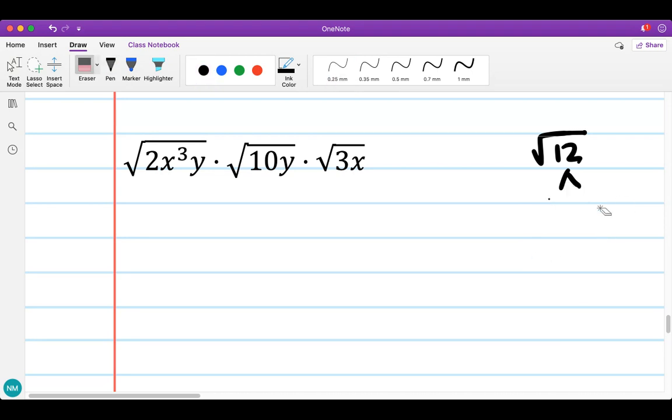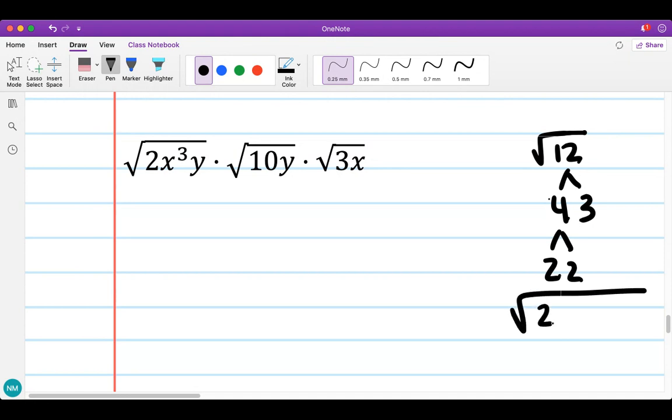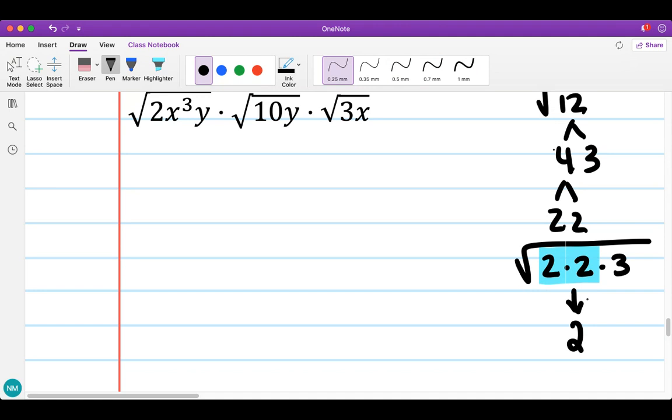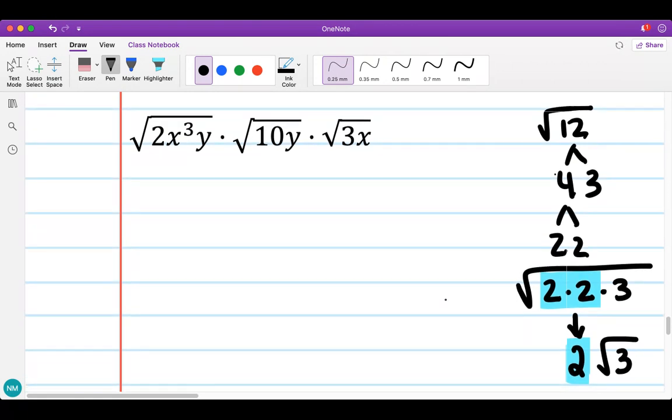But if I break it down to 4 and 3 and then 2 and 2, the square root of 2 times 2 times 3, this pair will come out as 1, 2, and the 3 stays in jail. So this guy escaped jail and this guy didn't. So we're going to use obviously the same concepts here, but they're going to look a little different.